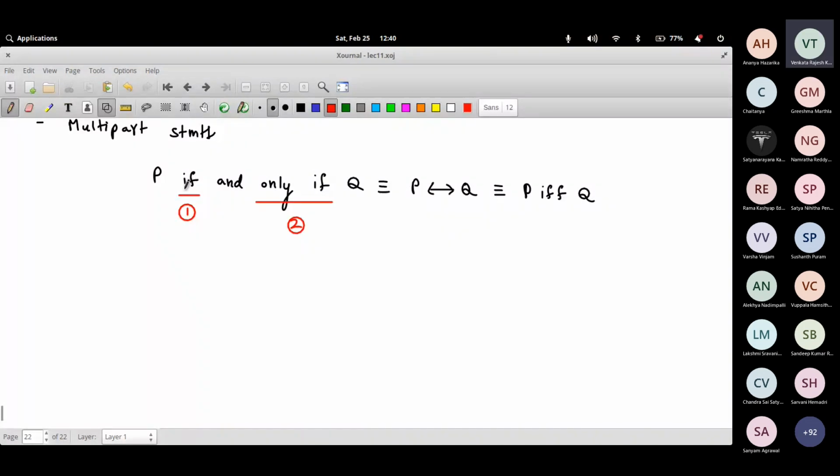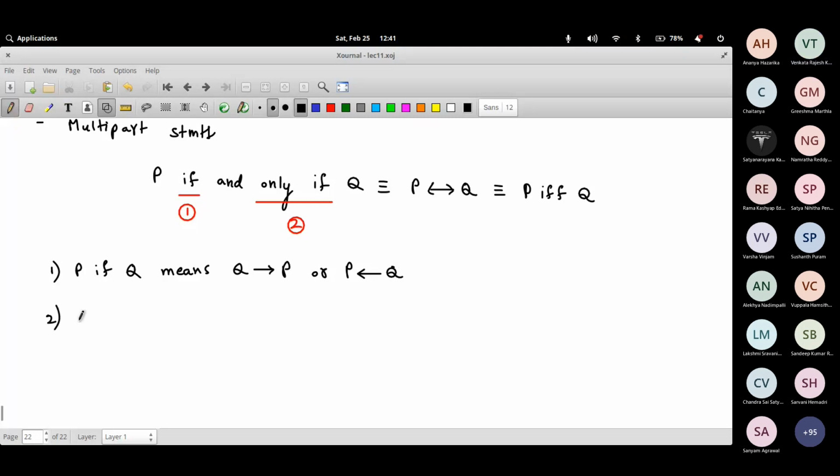So what does the first part mean? P if Q means Q implies P, or same thing, you reverse the arrow. Still Q implies P only. It's another way of showing it.